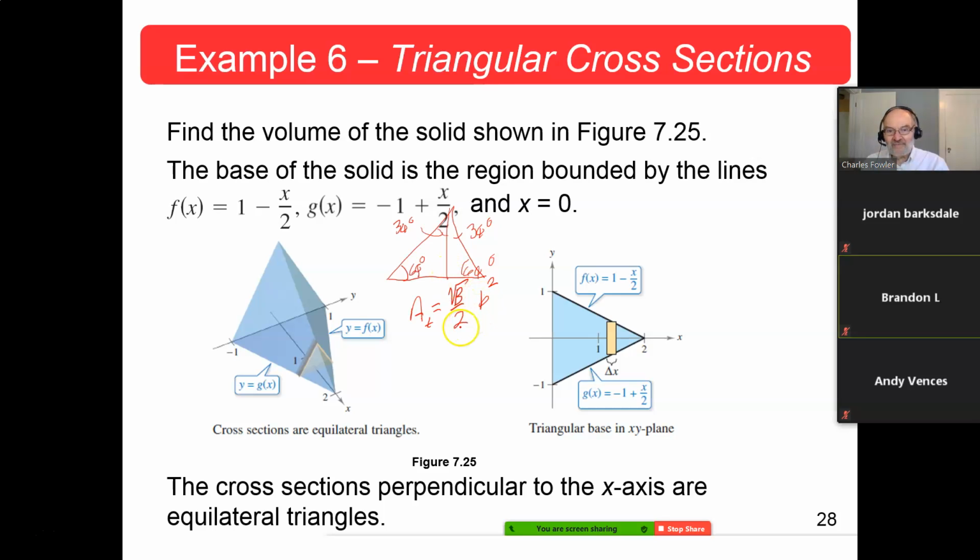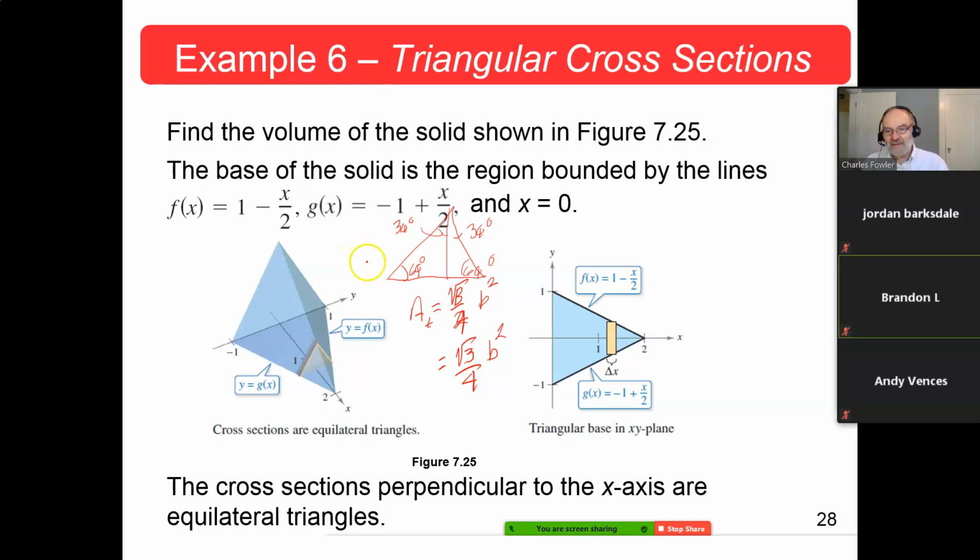I left out another half. I think this is going to be over 4. Because this height here is 1/2 of the base times the square root of 3, and then the base, and the formula for the triangle is 1/2. So what this comes out to be is the square root of 3 over 4 times the length of the base squared. What's the length of the base?